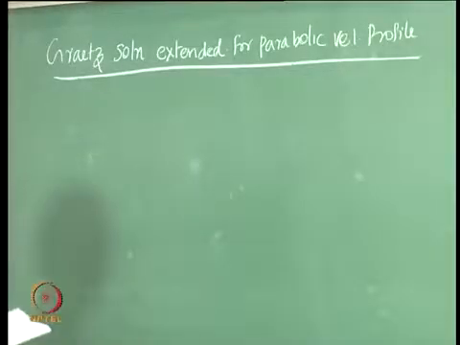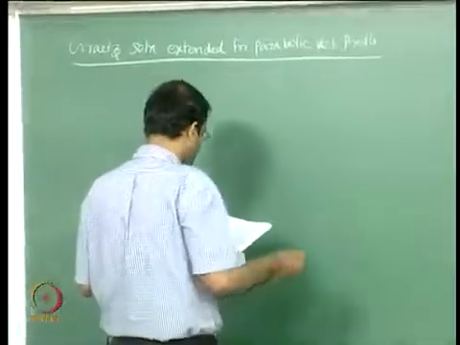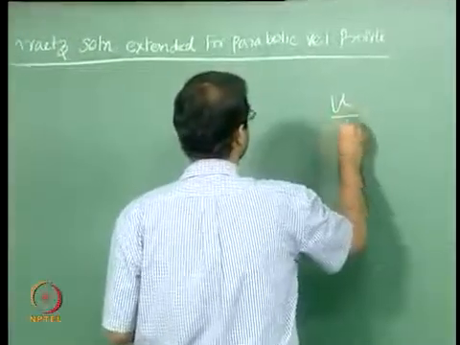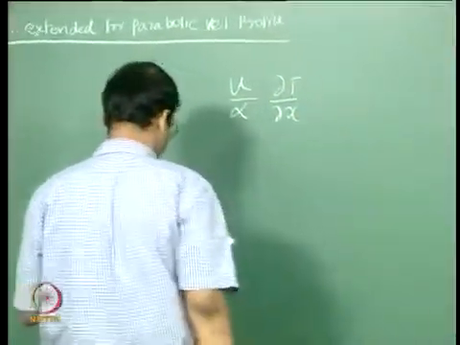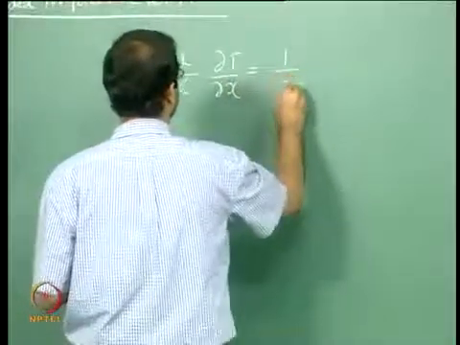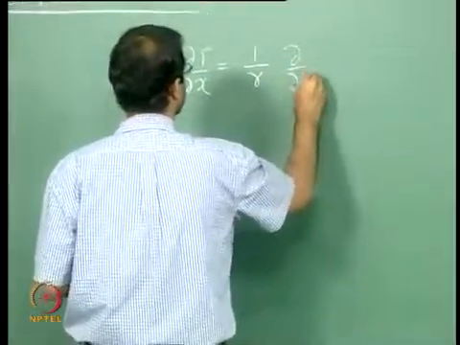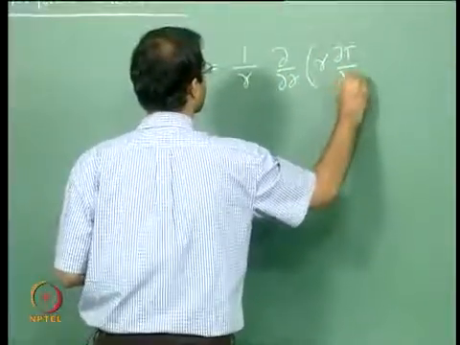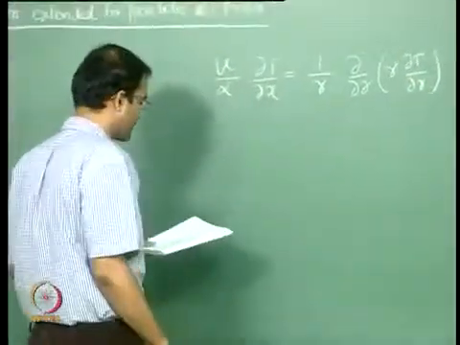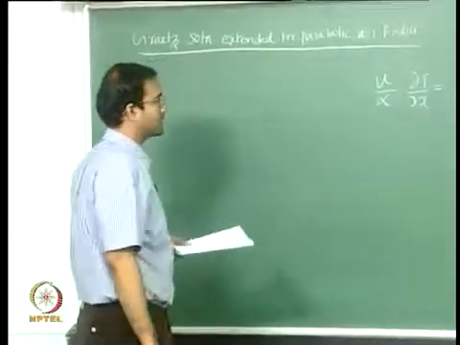So now we know the energy equation, so we will write down the energy equation, it still remains the same, there is no change: 1 by r d by dr of r dT by dr. Okay, so this is the form of the energy equation that will still work.